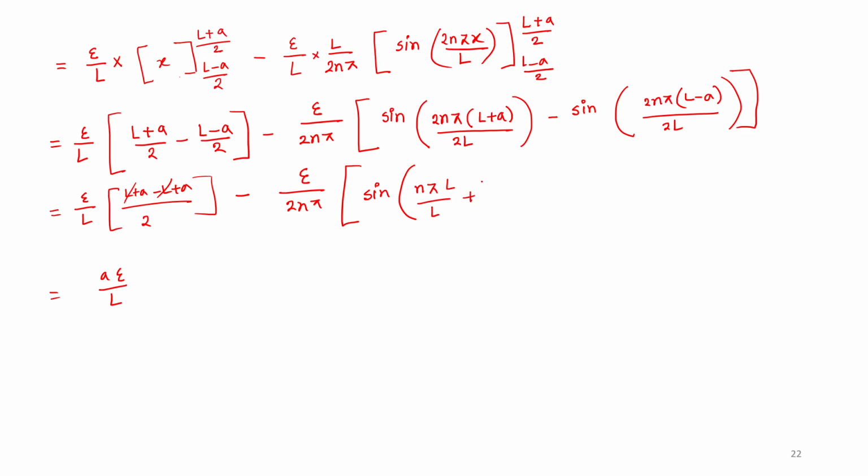Now it is n pi A, okay, n pi A by L. Same here, sine n pi L by L minus n pi A by L. And you can see L by L means n pi. And you already know what this is, L by 2n pi.